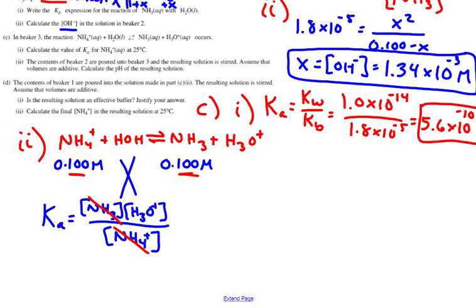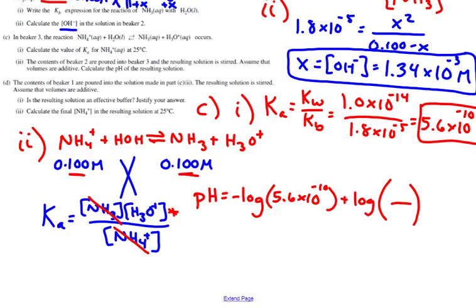But you could also do this. And then go, well, I have the same amounts here, so those equal each other. Well, if I take negative log of that, that's pH. If I take negative log of H3O plus, that's pH. And if I take negative log of that, that's just Ka. Well, the question is, what is the pH? So I can do Henderson-Hasselbalch, and that's what I'm going to do. So I take negative log of my Ka, and then it really doesn't matter how I do this, because isn't that going to be the same?